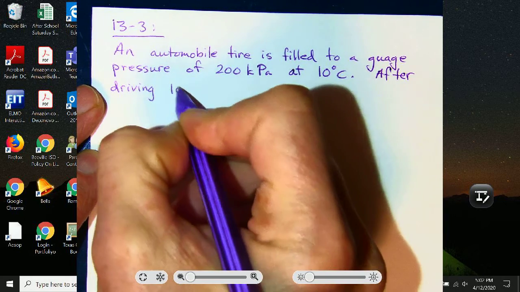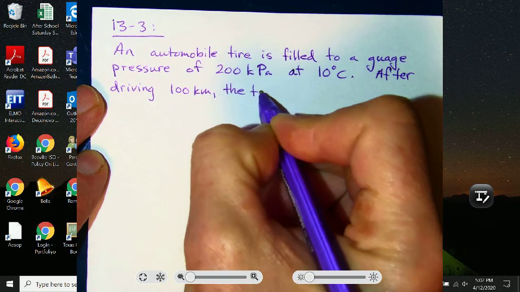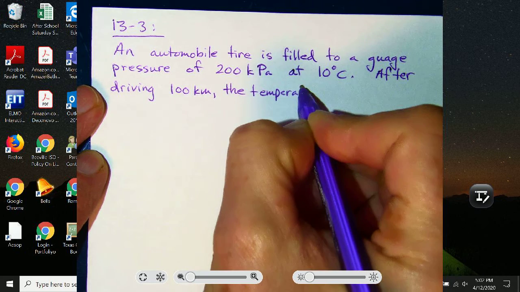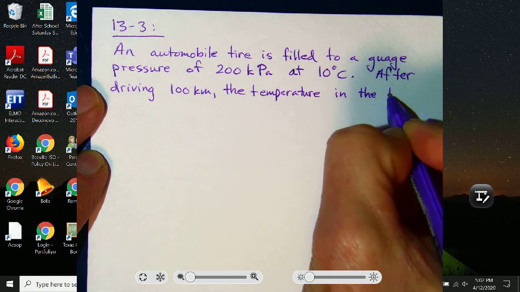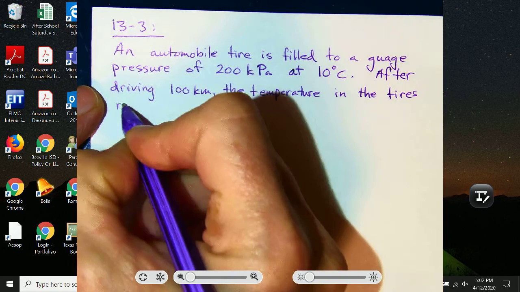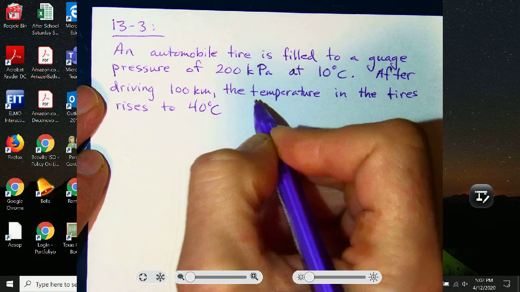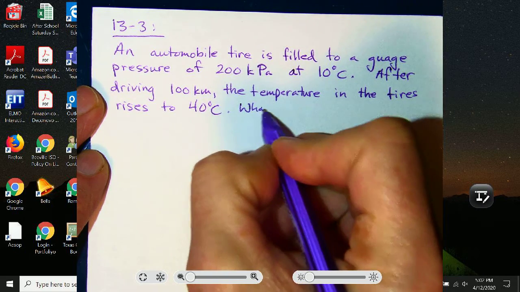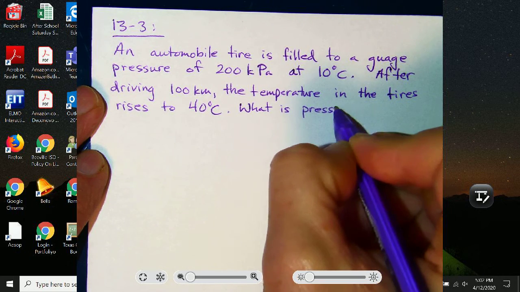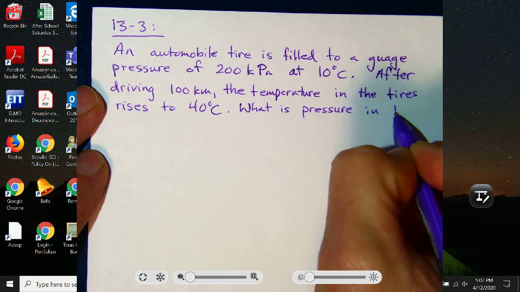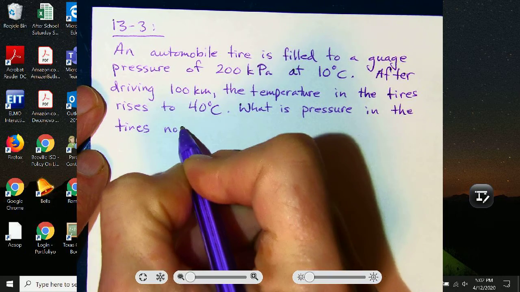After driving 100 kilometers, the temperature in the tires rises to 40 degrees Celsius. What is the pressure in the tires now?